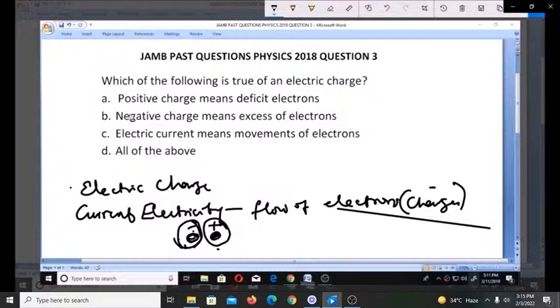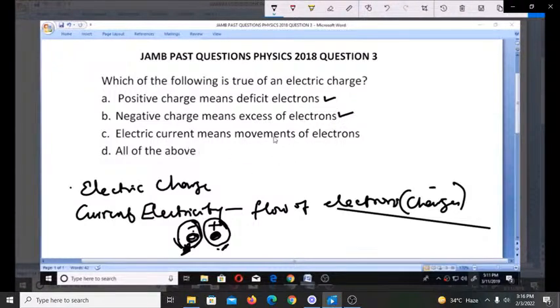So for this first statement, that positive charge means deficit electrons, that is true. Then negative charge means excess electrons. Of course, that's true. When there is plenty of these electrons that are negative, then it has to be negative charge overall. So this is true.